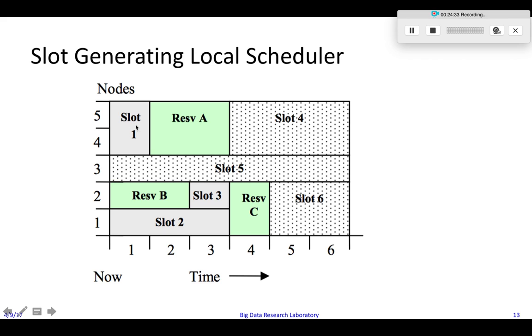And here, slot 1, slot 2 and slot 3 are indivisible, and slot 4, slot 5, slot 6 can be extensible. So we can change the end time of these slots.